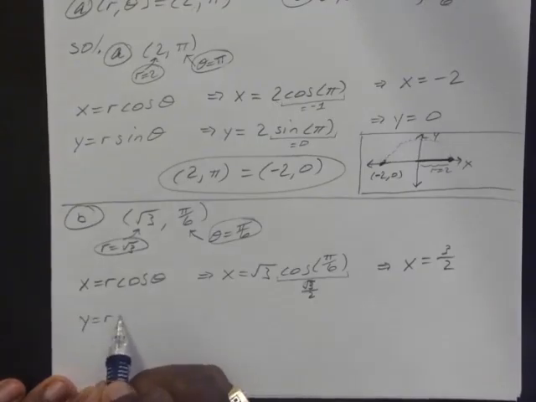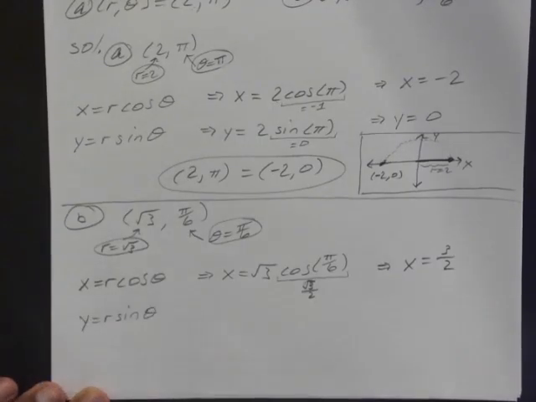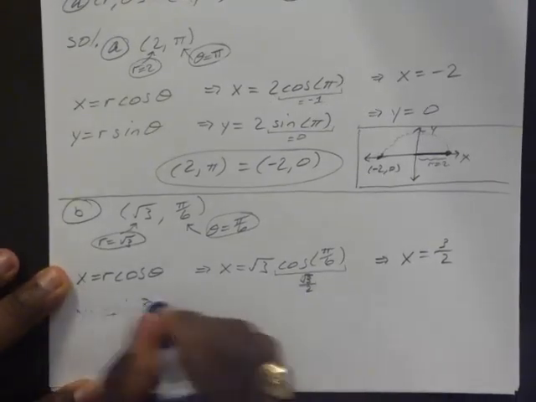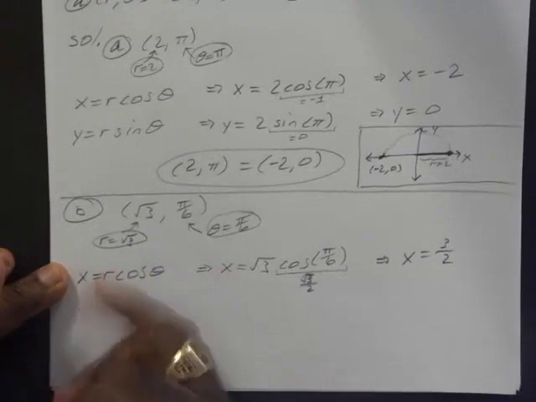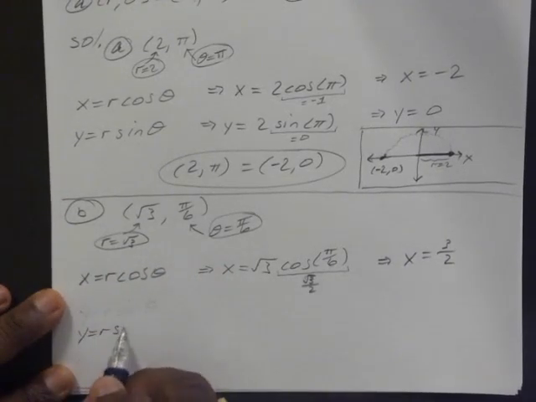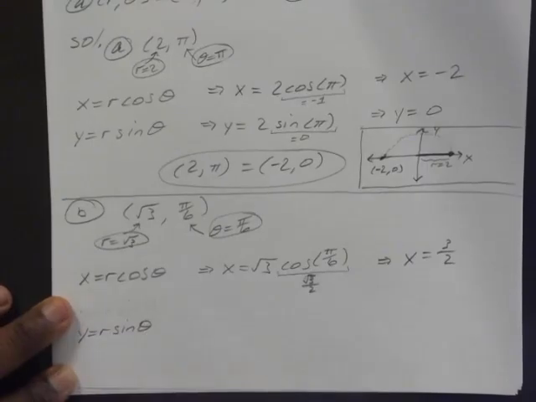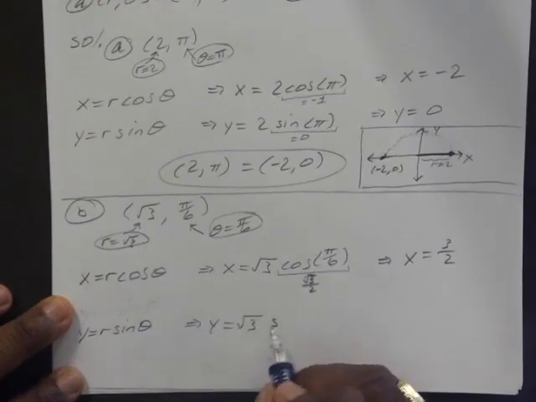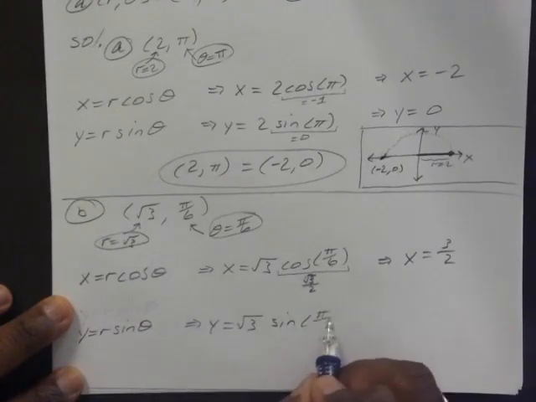And y is equal to r times sine of theta. Which means that y will equal square root of 3 times sine of pi over 6.